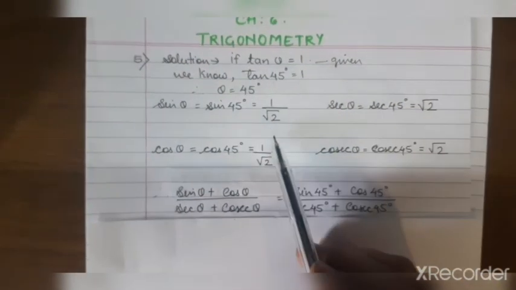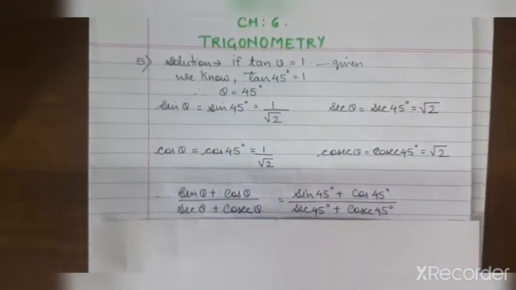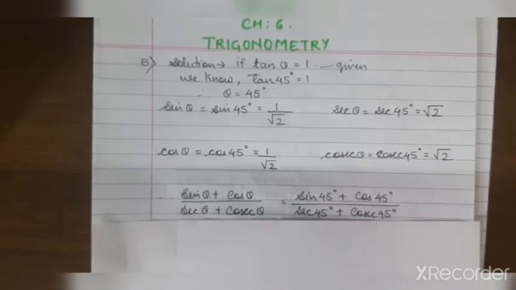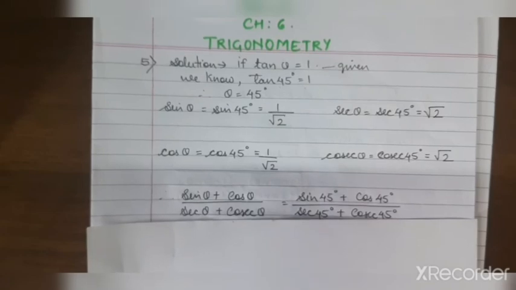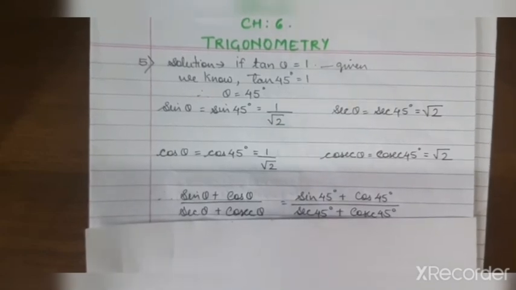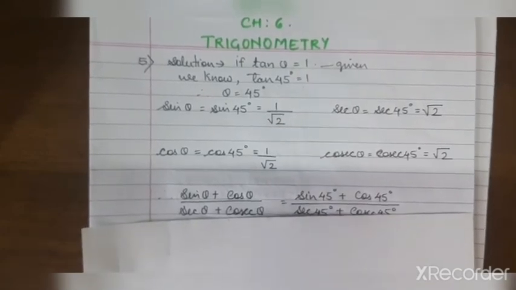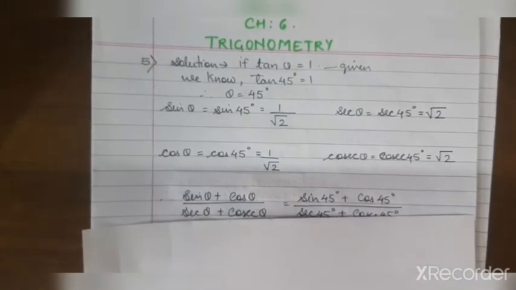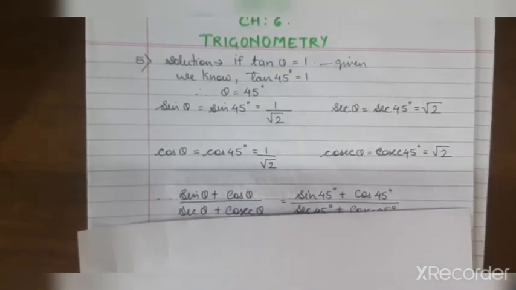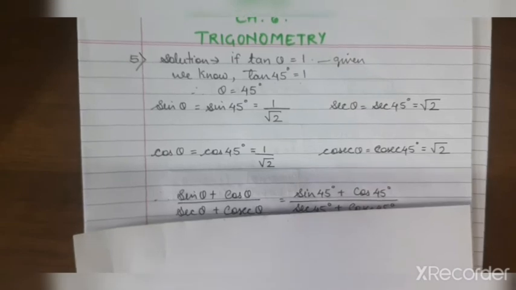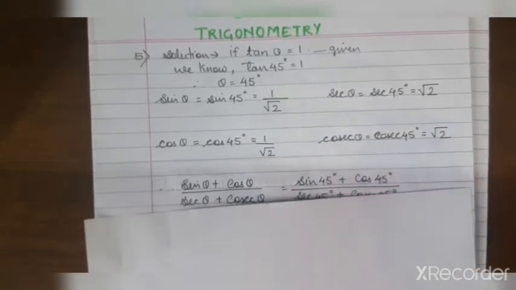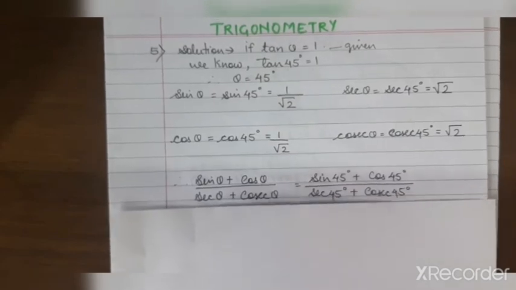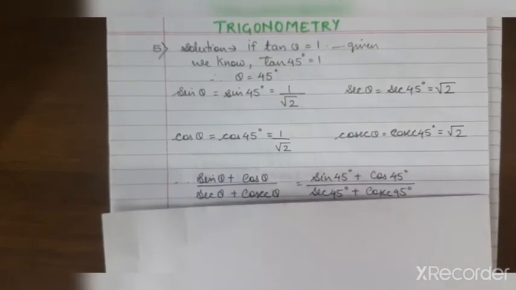First we will mention them here. Always when you are using any identity or any trigonometric ratio value, you need to put a bracket and write what identity, relation or value of the trigonometric ratios you are using, as we write reasons in theorems when we are solving the sums.